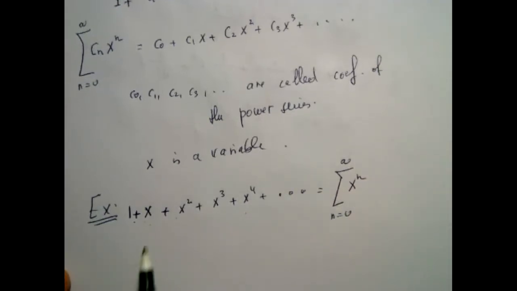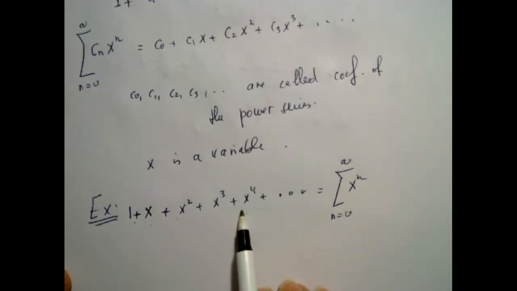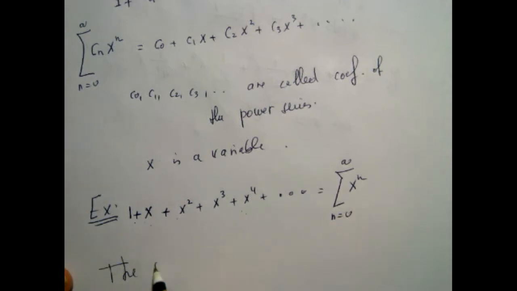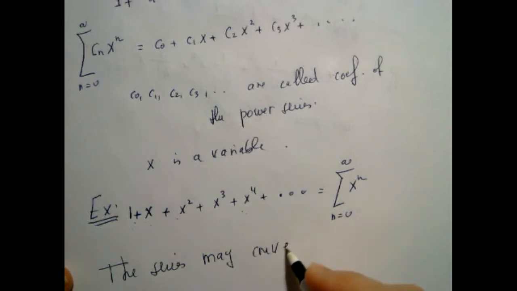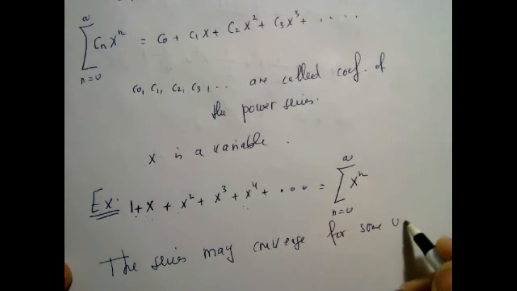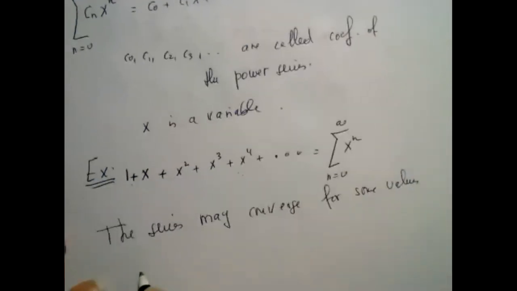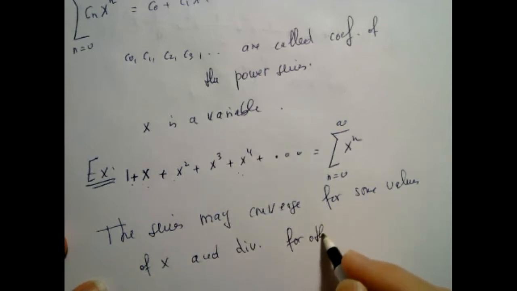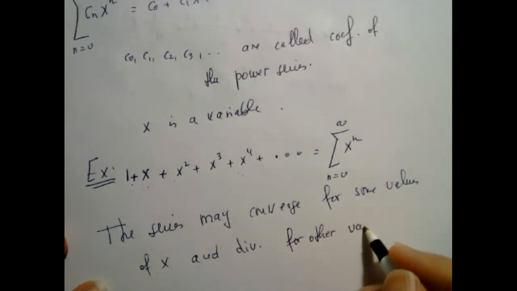Now, as x changes, the series may converge for some values of x and diverge for other values, because x is a variable.